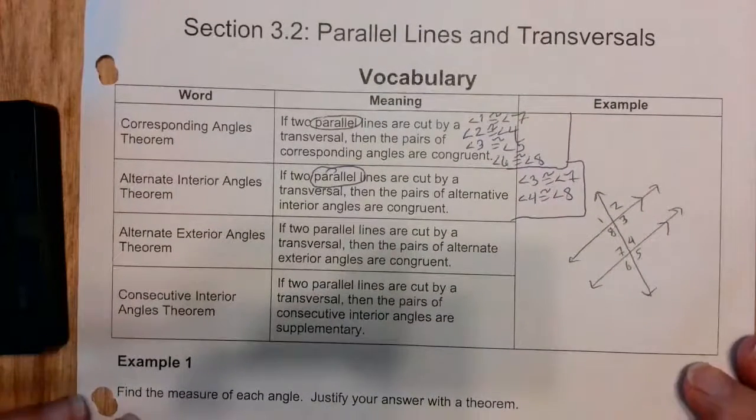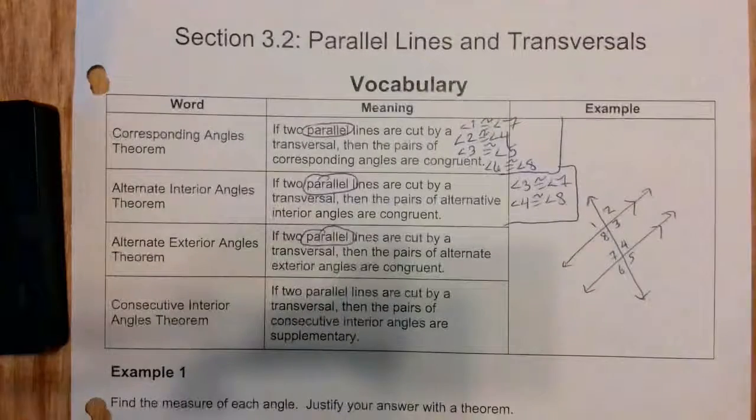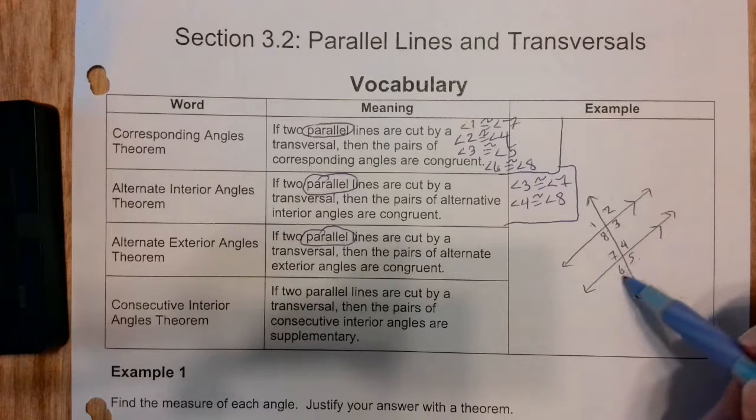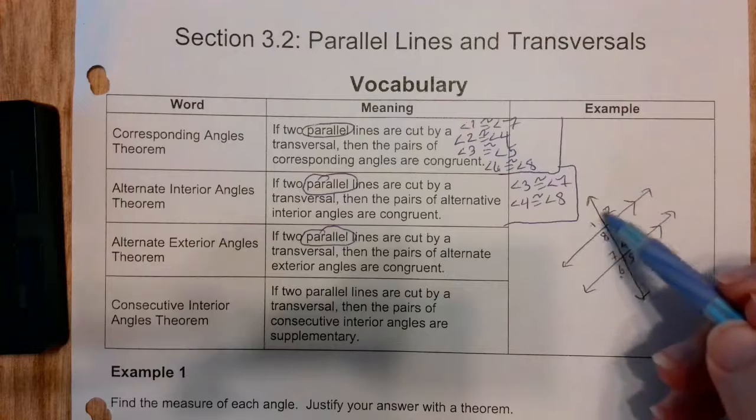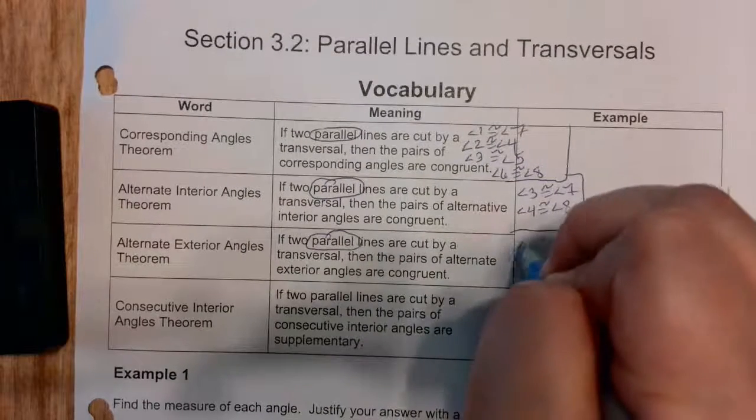Alternate exterior angle theorem. If 2 parallel lines are cut by a transversal, then the alternate exterior angles are congruent. Sorry, exterior 1, 2, 5, 6. Alternate 1 and 5.